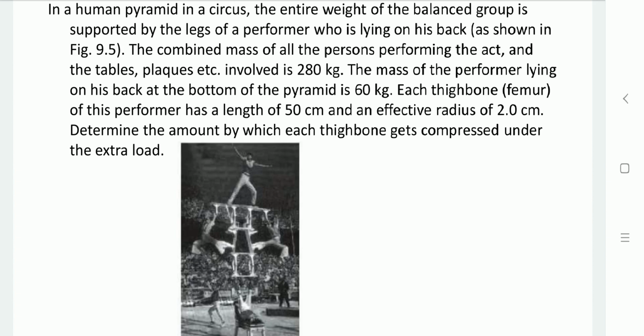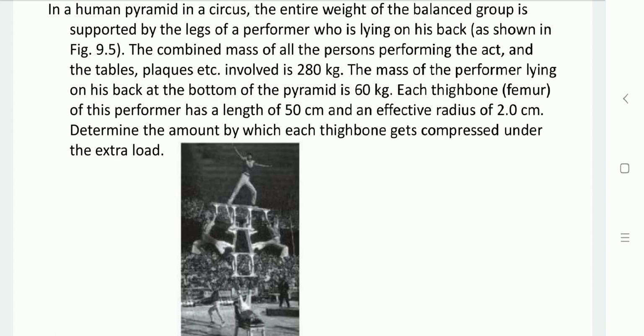The mass of the performer lying on his back at the bottom of the pyramid is 60 kg. Each thigh bone of this performer has a length of 50 cm and an effective radius of 2 cm. Determine the amount by which each thigh bone gets compressed under the extra load.